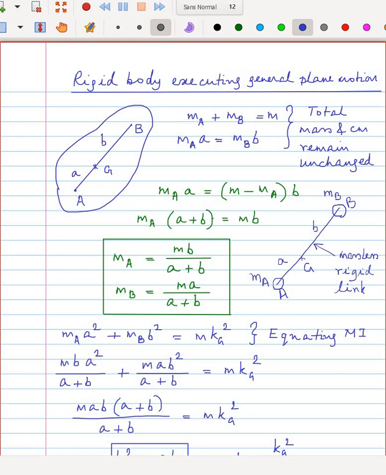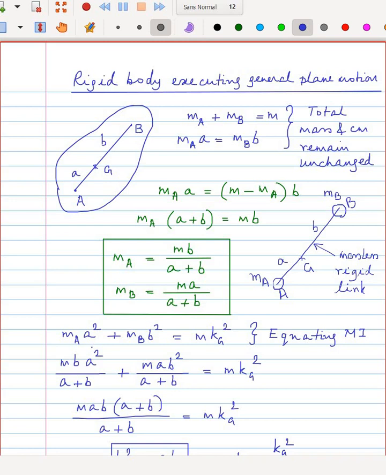But for general plane motion, the moment of inertia about the center of mass also has to be equal for this rigid body and this two mass system. So what is the moment of inertia for this two mass system? That is MA into a square plus MB into b square, and that must be equal to m into kG square, where kG is the radius of gyration of this rigid body about its center of mass.